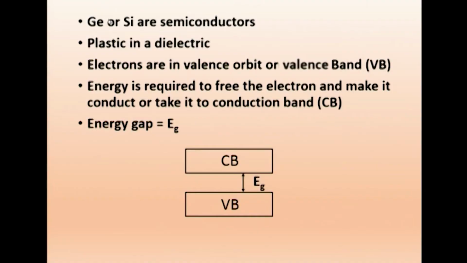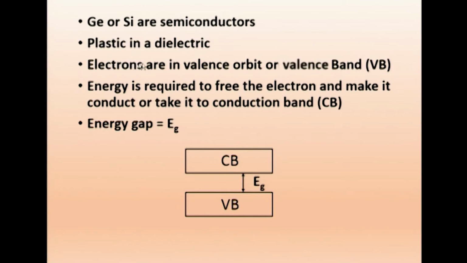Any metal is a good conductor. If we take germanium or silicon, they are semiconductors, half conductors. If you take plastic, it is a dielectric. When you say dielectric, they are not conductors. Current cannot pass through that. Here in a semiconductor, as the word says, partially it can pass through. Now we will see why it is so in a semiconductor.